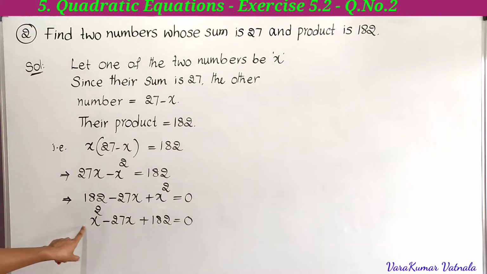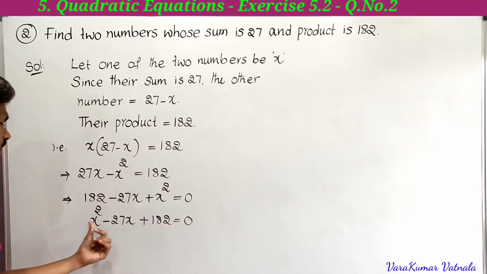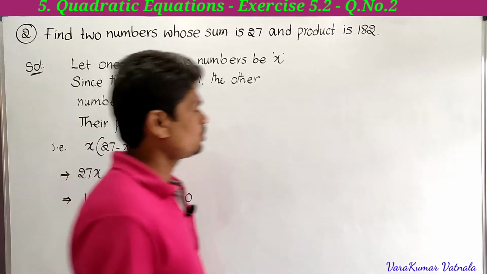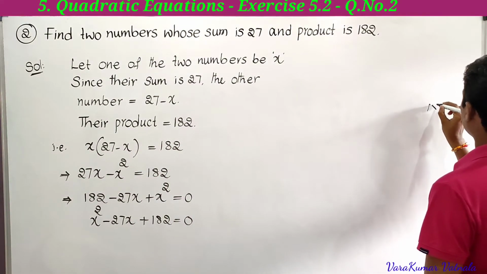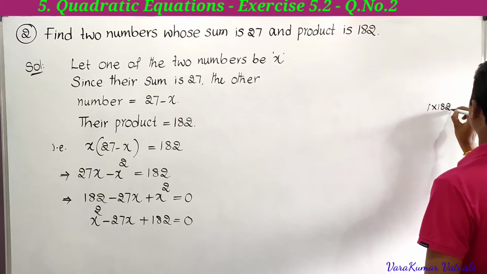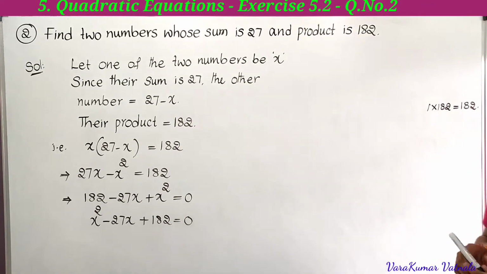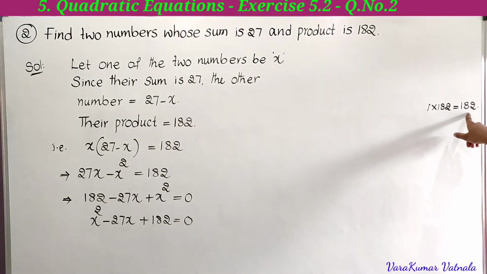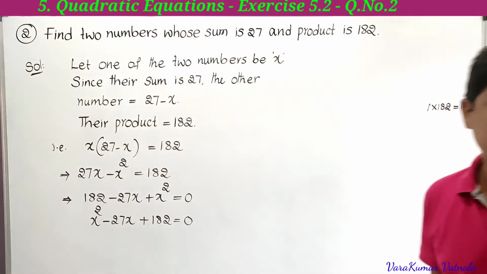Here the x square coefficient is 1, the x coefficient is minus 27 and the constant is 182. Multiply the coefficient of x square with the constant: 1 into 182 is 182. Now we have to select two factors of 182 whose product is 182 and sum is minus 27.